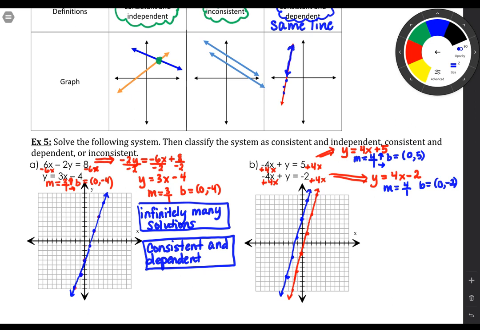These are parallel lines, but that doesn't tell you what the solution is because solutions can either be one ordered pair, infinitely many solutions, or no solution. So this is an example where the solution is no solution, and anything that is no solution is called inconsistent.